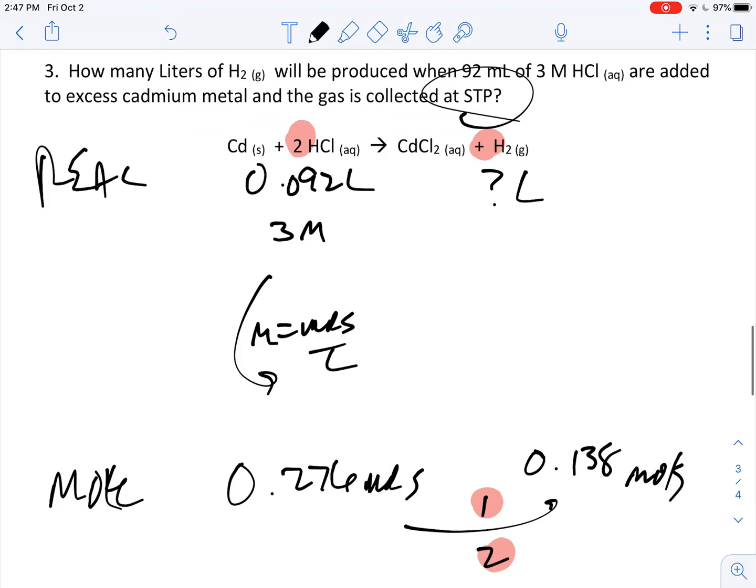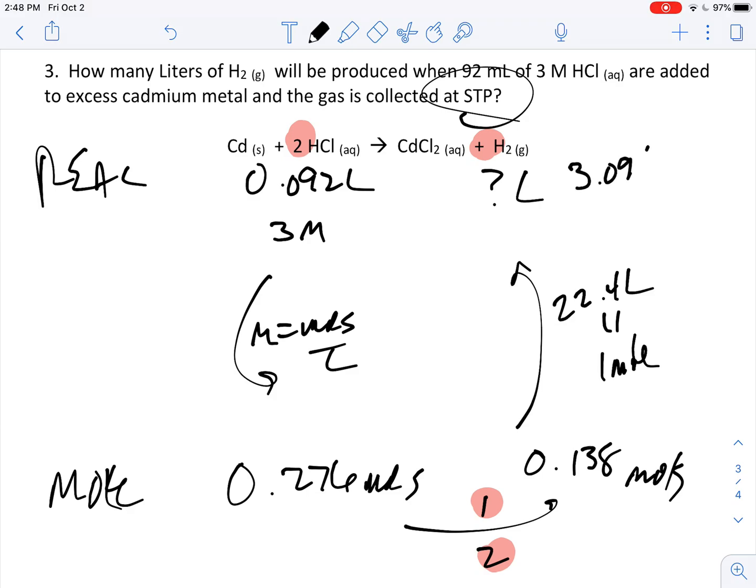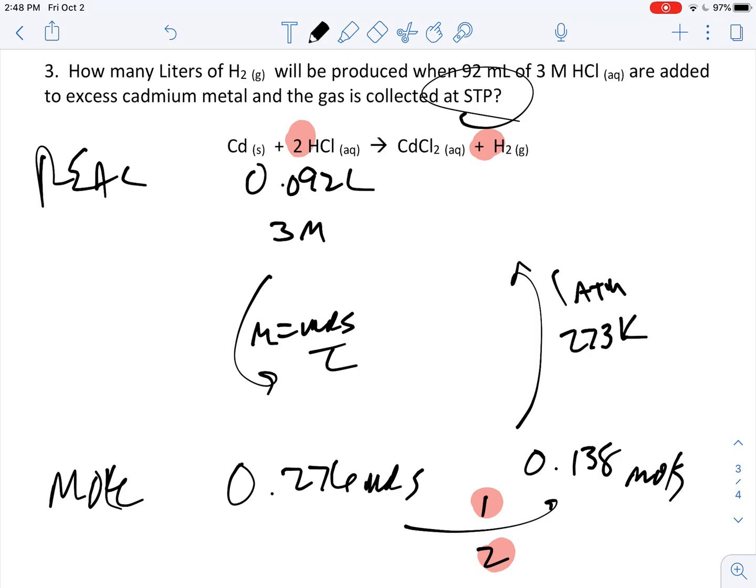And now that I know the moles that are there, it told me it was at STP. So there are 2 different ways I can do this. If I remember that it's at STP, I can just remember the cheat way, which is that 22.4 liters is the same thing as a mole if you're talking about STP. So you multiply those together and you get 3.09 liters. Now, if you don't remember that it's 22.4 liters, then you're going to have to remember that you're talking about 1 atmosphere and 273 Kelvin.